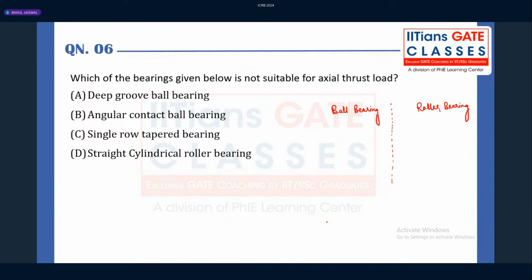Now, corresponding to the load supported based on the design and manufacturing of bearings, look at the cylindrical roller bearings, guys, very carefully. Cylindrical roller bearings are mainly used for supporting heavy radial loads only.